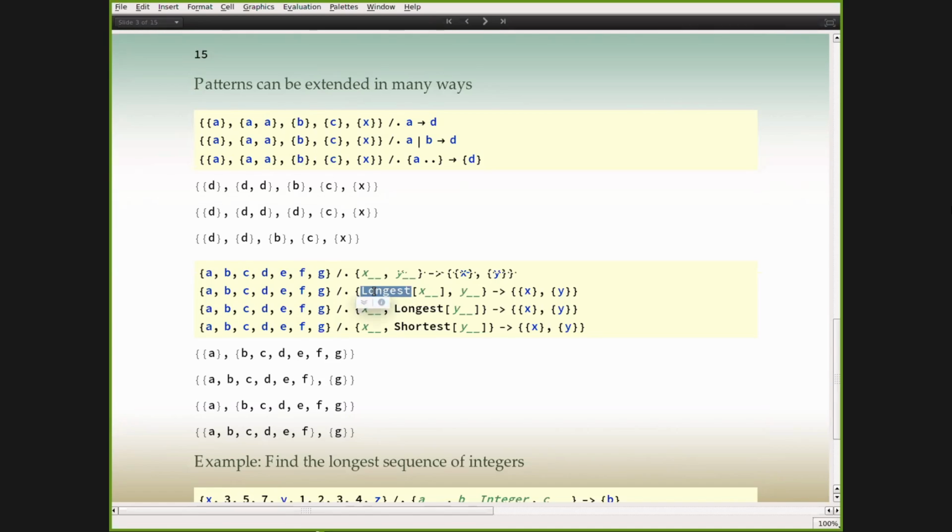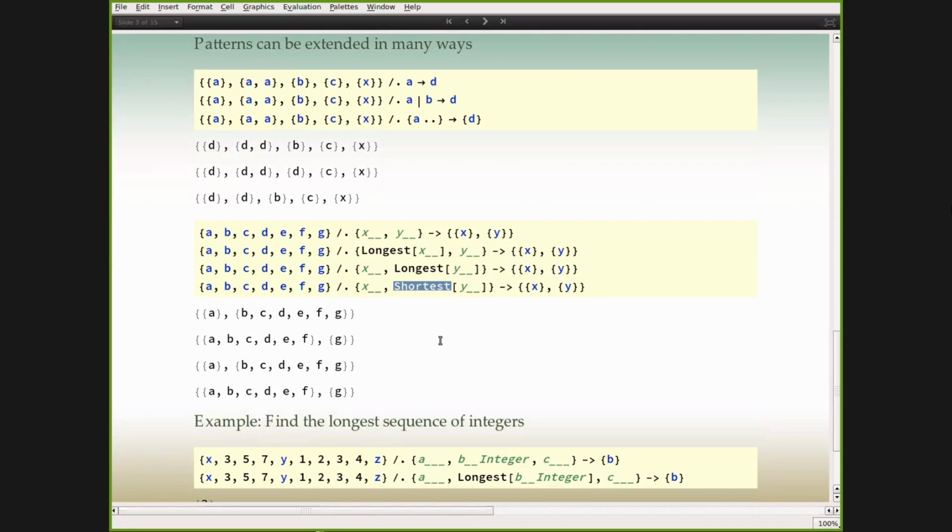For example, here I'm saying that this first element should be the longest possible, and Mathematica has taken almost all elements apart from the last one into the first list. This longest is actually the default case, or I can have the shortest, I can do it.